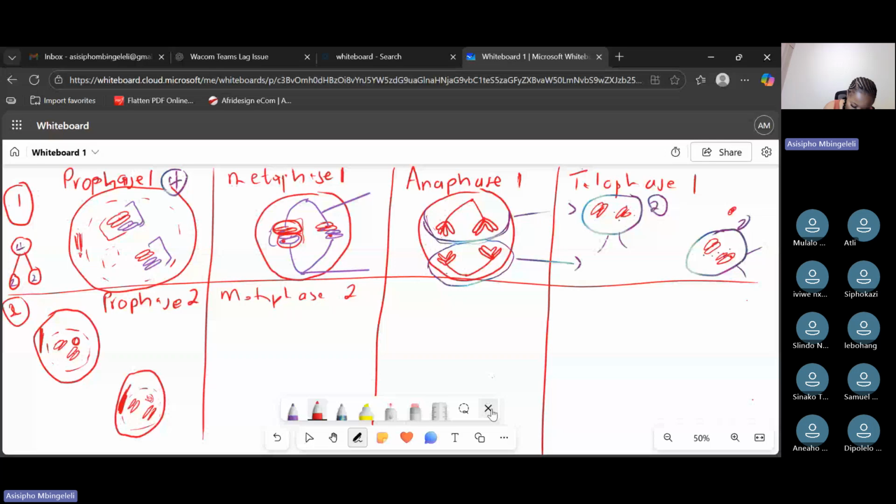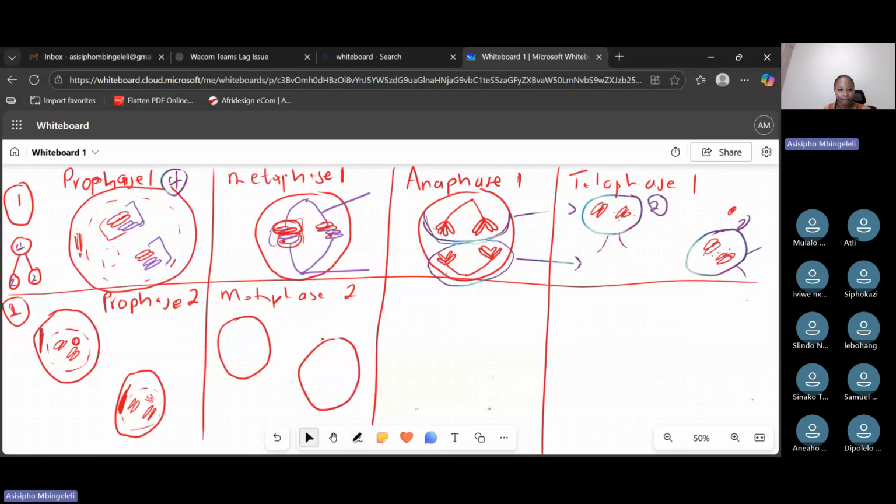Okay, this would be a cell, and this would be another cell. Remember, we're working with 2 cells here. So in metaphase 2 for this cell, this is the chromosome in the middle of the equator, and this is another chromosome in the middle of the equator, held together by spindle fibers. Same applies on the other cell. This is a chromosome, and this is another chromosome, held together by spindle fibers.